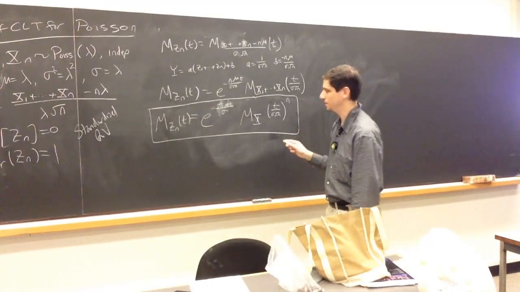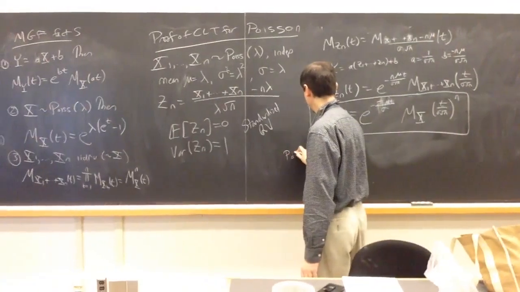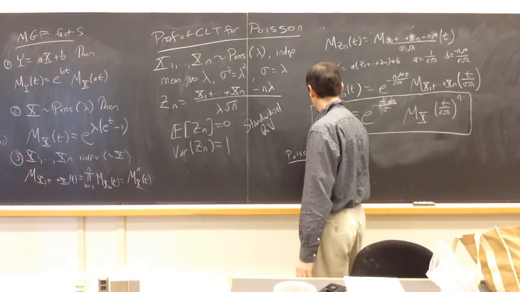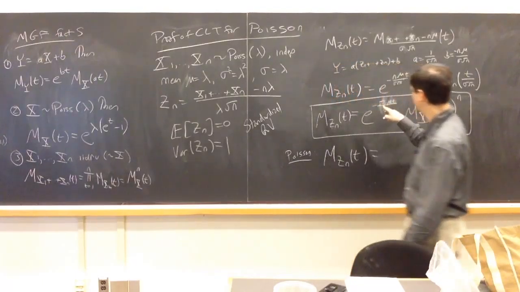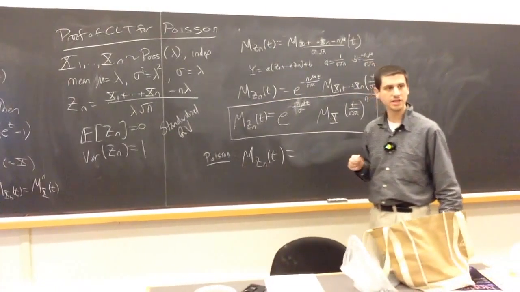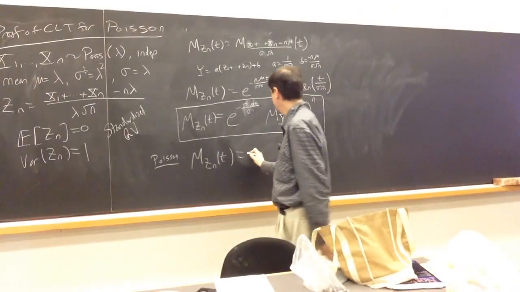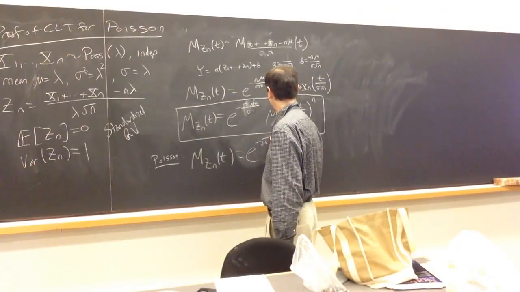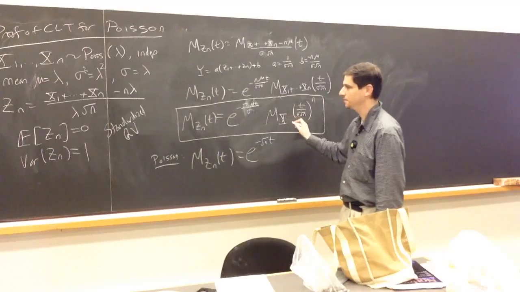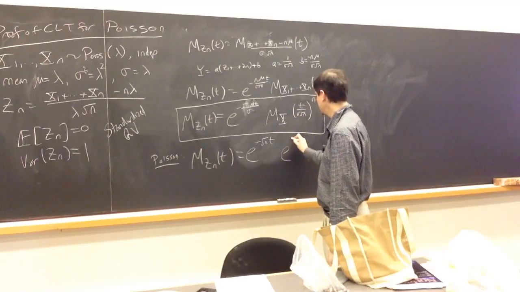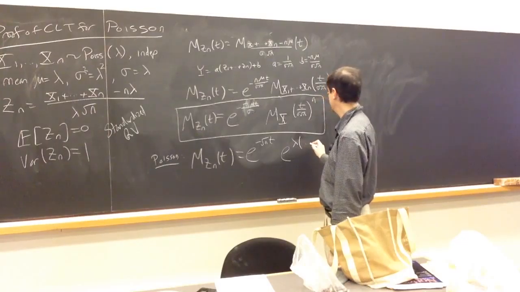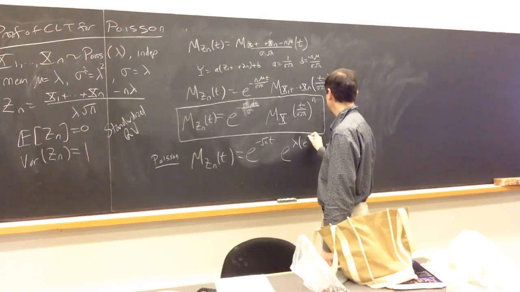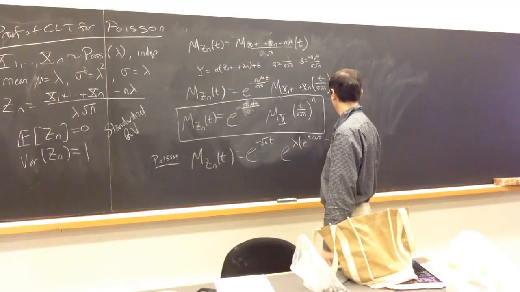Now let's use Poisson. So now it becomes special. M_Zn of t, well, in the Poisson case, mu equals sigma equals lambda. So now we get e to the negative square root of n t. And now the Poisson is going to be e to the lambda times e to the t over lambda square root of n, minus 1.